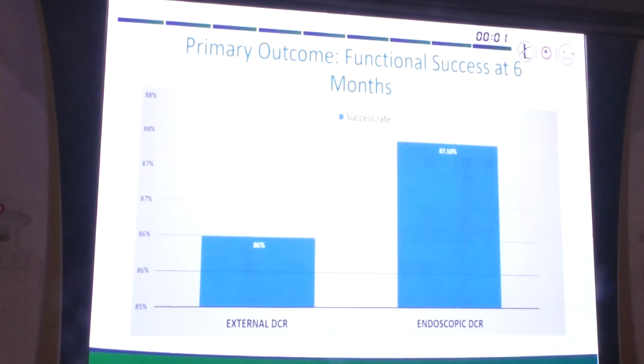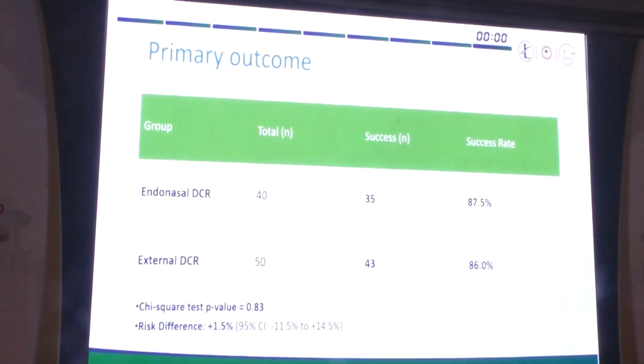So the primary outcome, functional success at 6 months, is 86% in the external DCR group and 87.5% in the endoscopic group.